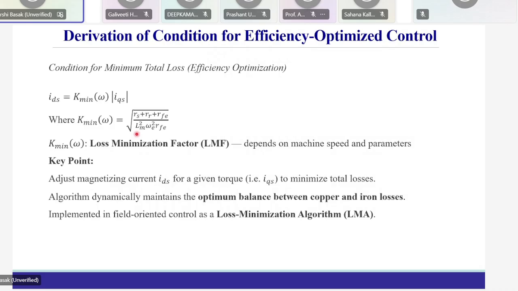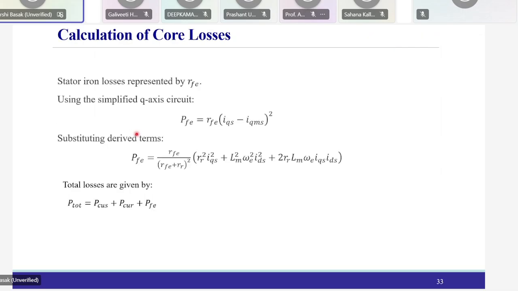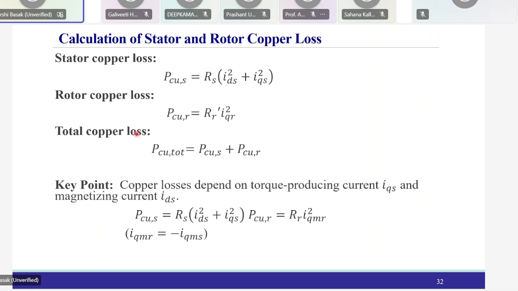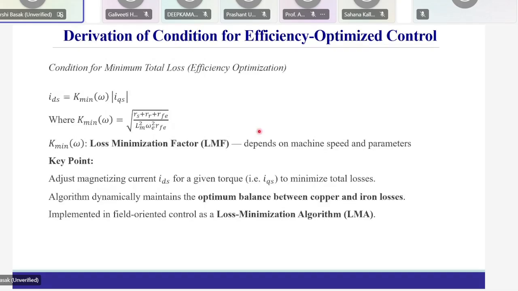The idea is that at lower values of torque, the core loss becomes the dominant factor, so we try to minimize the core loss. The copper loss is reduced because your current is reduced at lower values of torque.